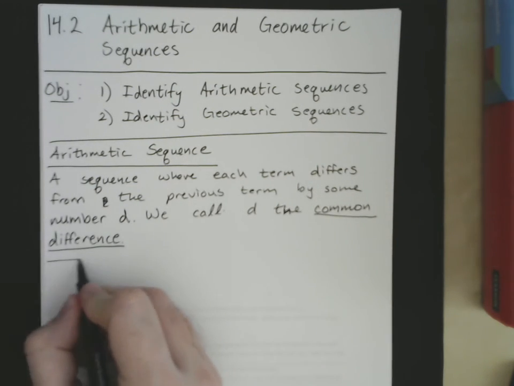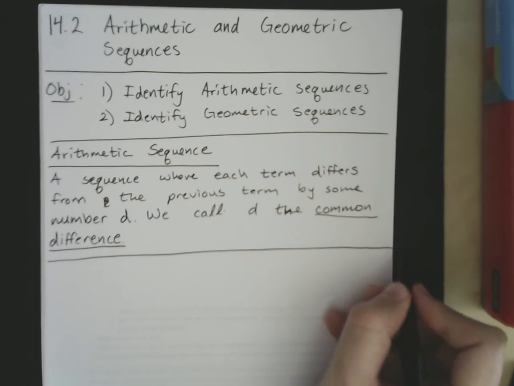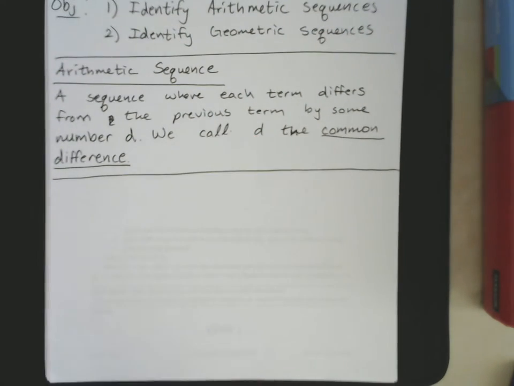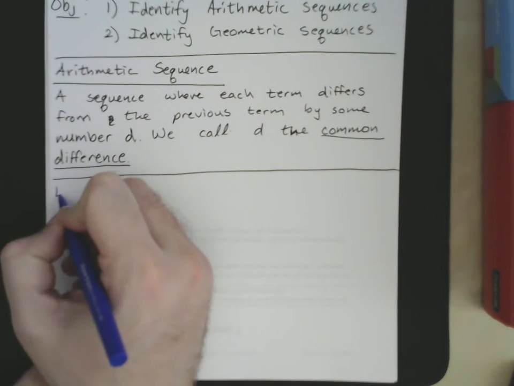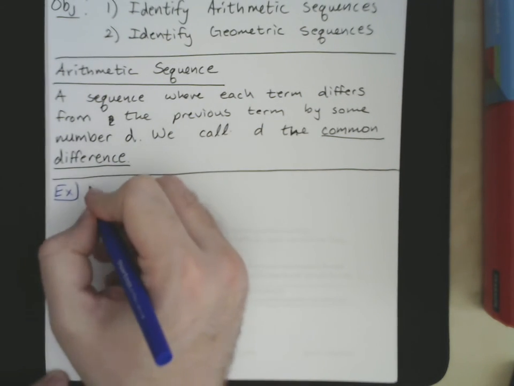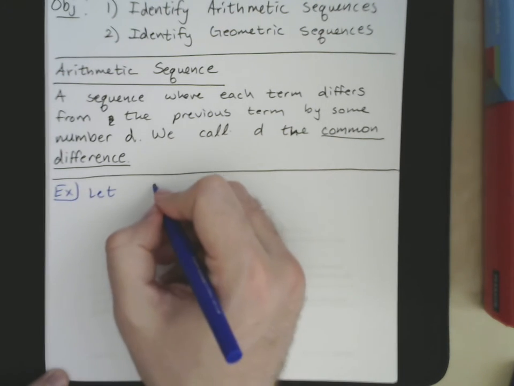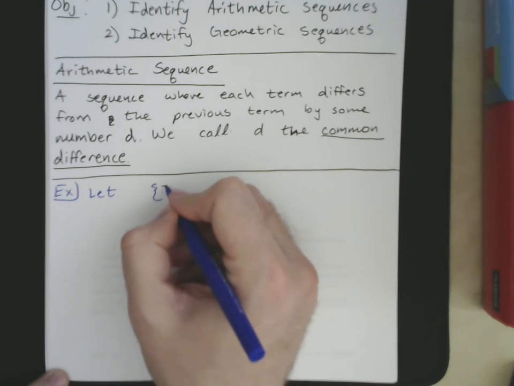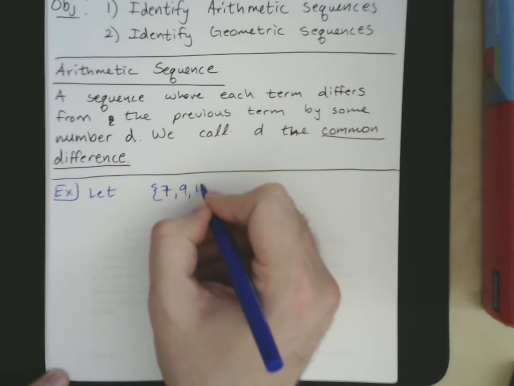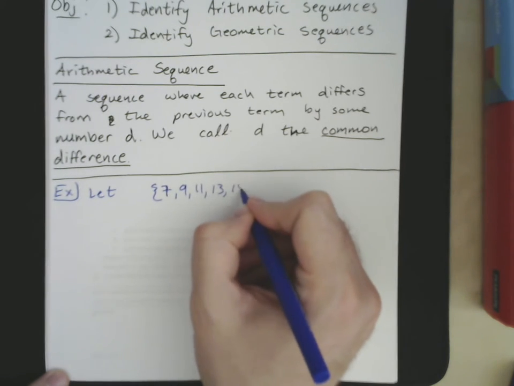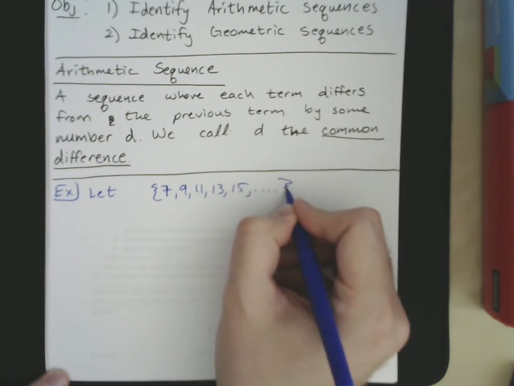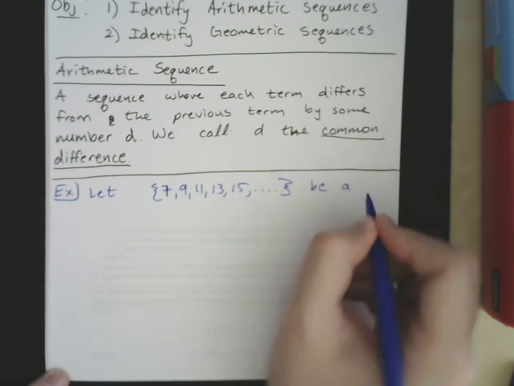So let's look at a quick example of an arithmetic sequence. Let 7, 9, 11, 13, 15, etc. be a sequence.